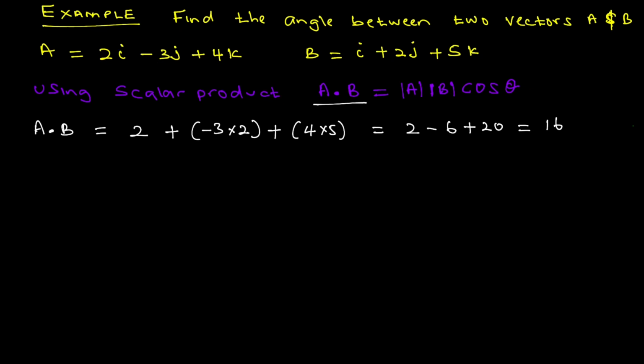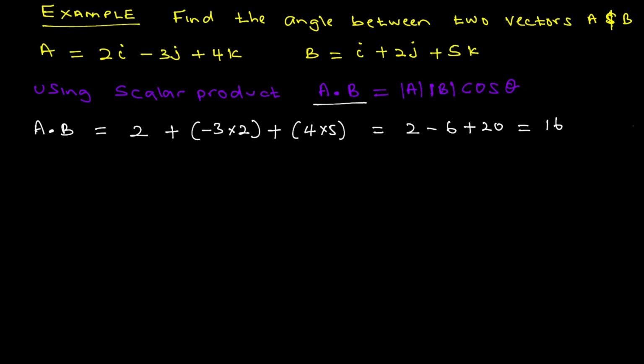As you can see, we find it by doing i times i is 1, 2 times 1 is 2. That's how we got that. Minus 3j times 2j, that's minus 3 times 2, j times j is 1. 4 times 5 is 20, k times k is 1.